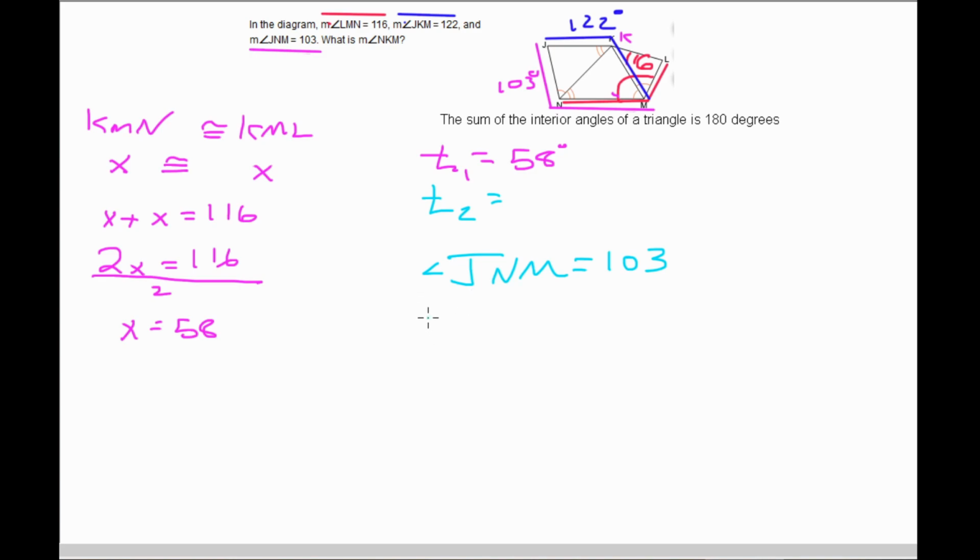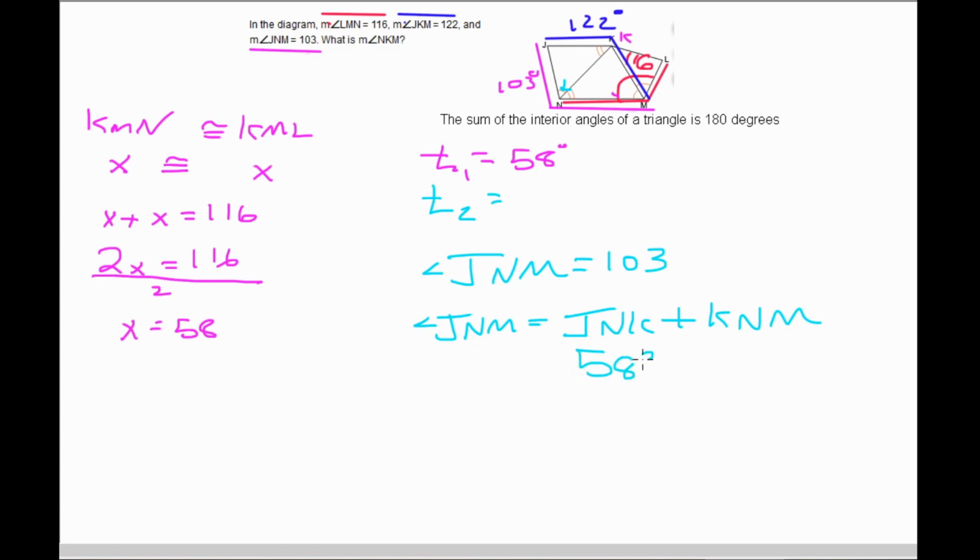And I know that J and M is equal to the two angles that are adjacent to each other that cut through J and M at N and go to K. So I have J and K plus K and M to get J and M. Right here, I can see that J and K has one tick mark, so I can substitute the value of a single tick mark, 58 degrees.